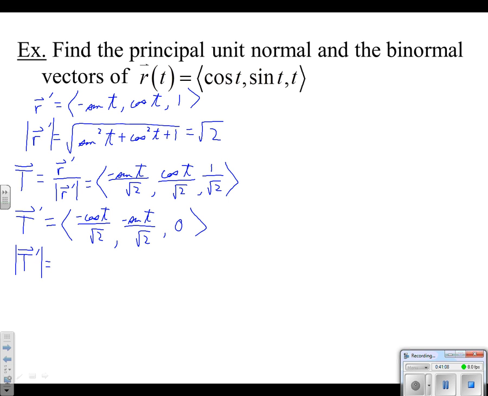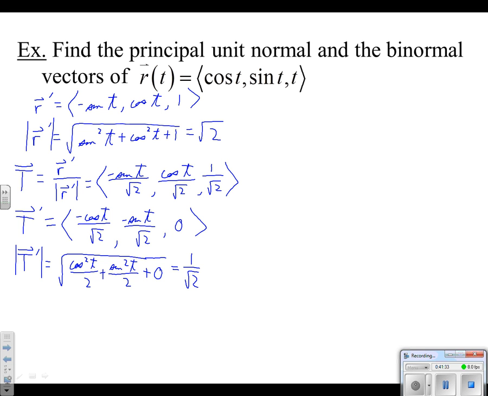So that would be the square root of cosine squared t over 2 plus sine squared t over 2 plus 0, which would give me 1 over radical 2.